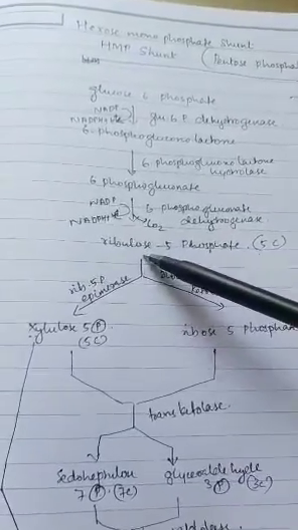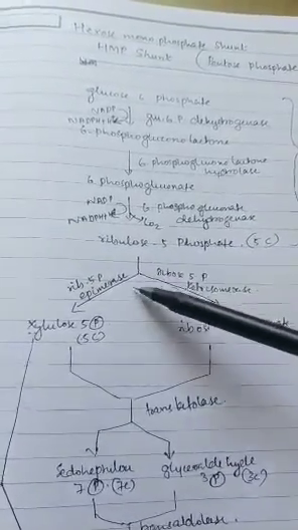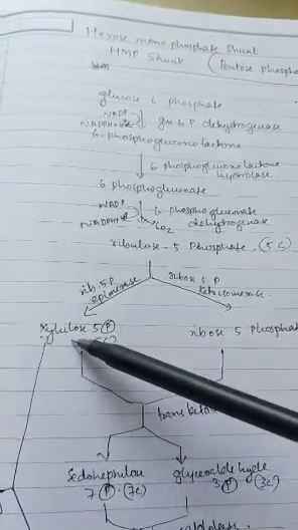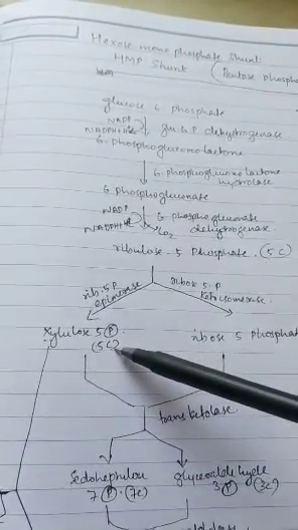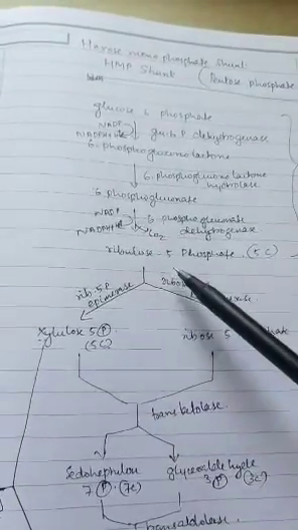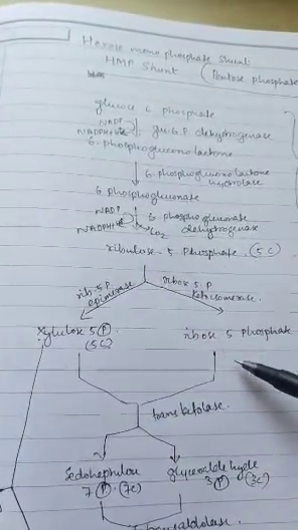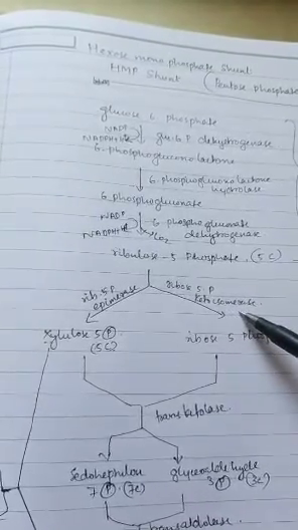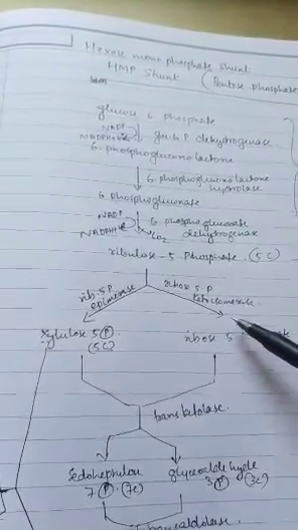Here in this step, ribulose 5-phosphate by the enzyme ribulose 5-phosphate epimerase is converted into xylulose 5-phosphate, which is a 5-carbon compound. Then ribulose 5-phosphate also converts into ribose 5-phosphate by the enzyme ribose 5-phosphate ketoisomerase.